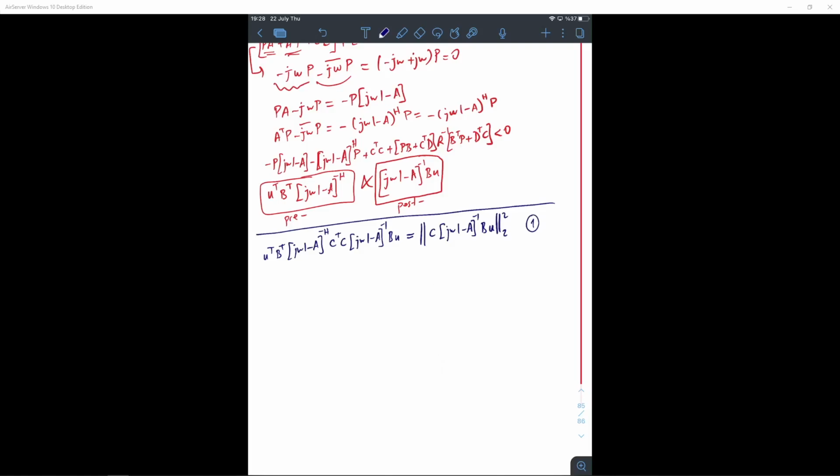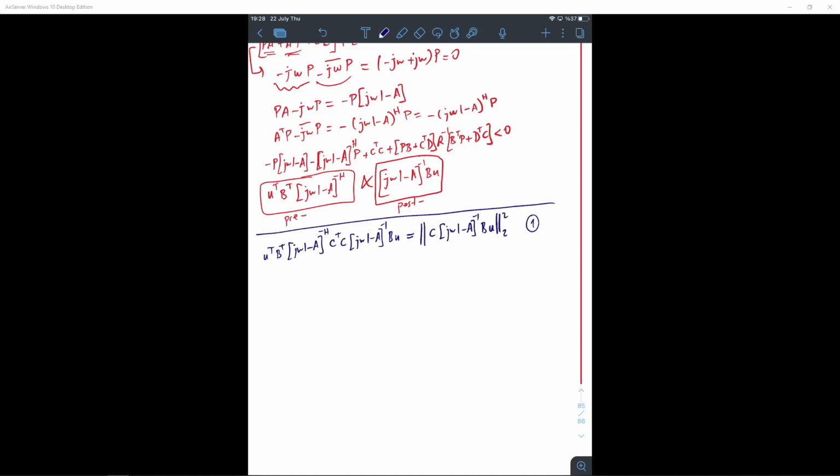There are 4 terms, and let's now do the minus P term. Yes, let's focus on this term now. We just did this and now we are going to do this, right?